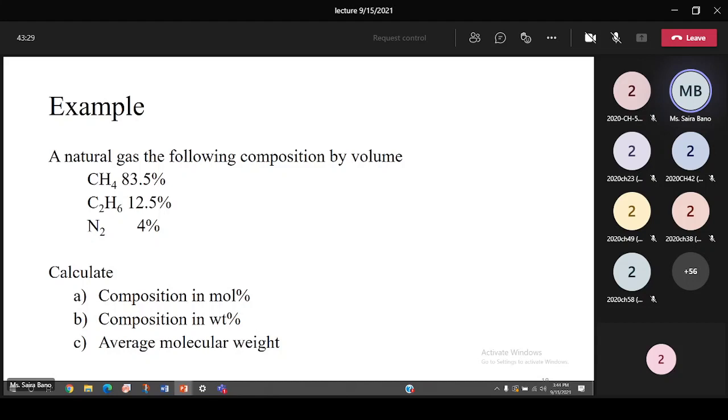You are given percentages by volume. First, you should take some bases in ग्राम मोल्स ले सकते हैं, किलोग्राम मोल्स ले सकते हैं, पाउंड मोल्स ले सकते हैं, whatever you like. It can be 1 gram mole and 100 gram mole, anything.